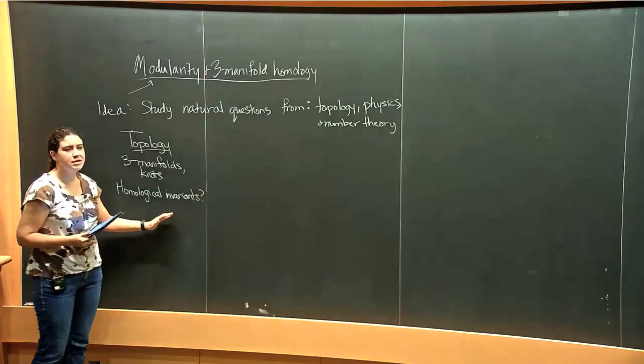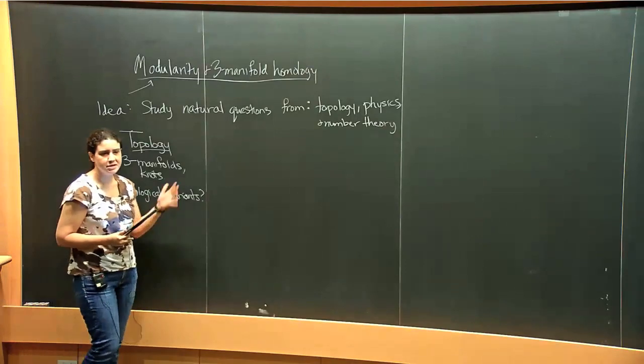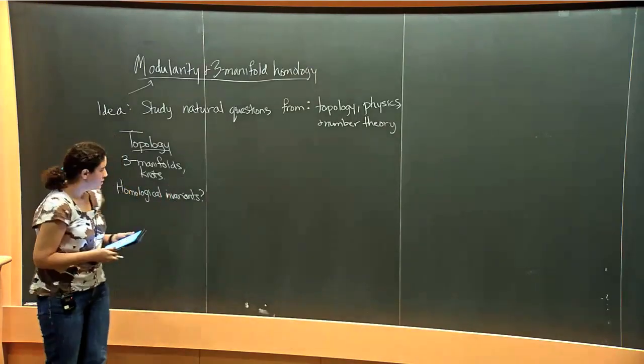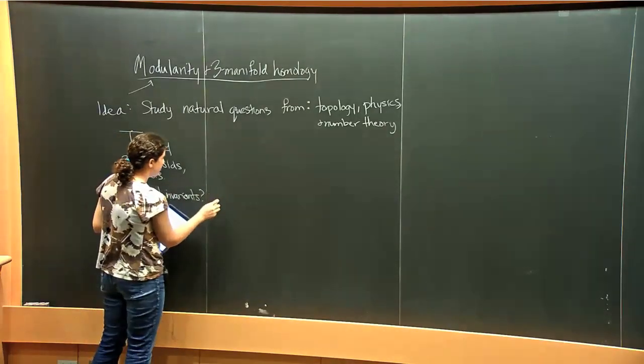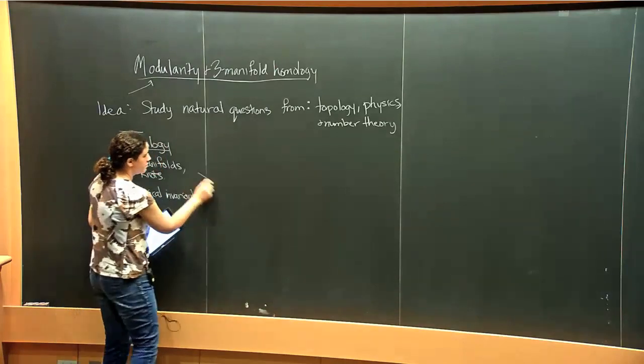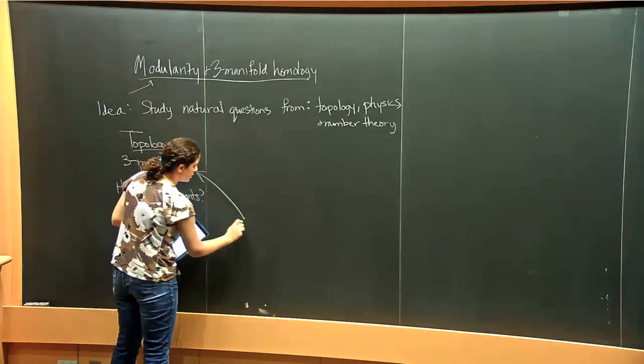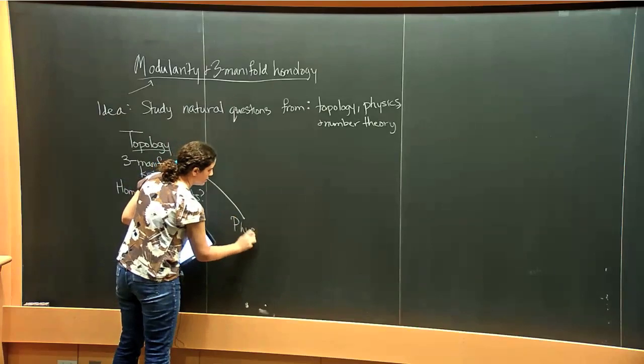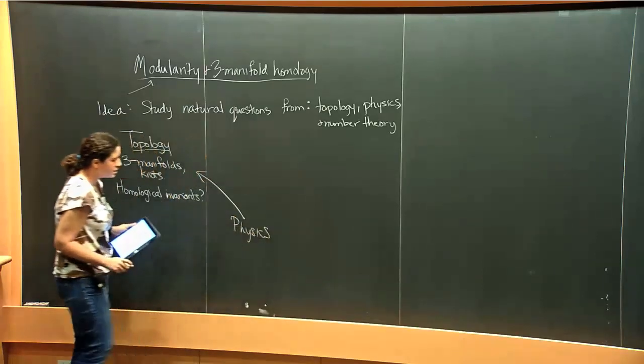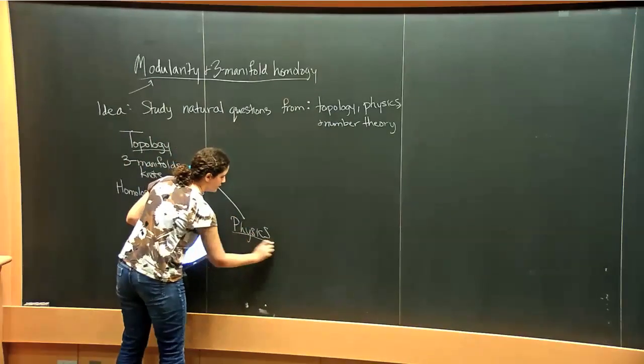And we know that we can get a lot of insight into this from studying physics, dating back to the work of Witten studying Chern-Simons theory in 3 dimensions. So this has some connection to the physics of gauge theories, and specifically Chern-Simons theory.